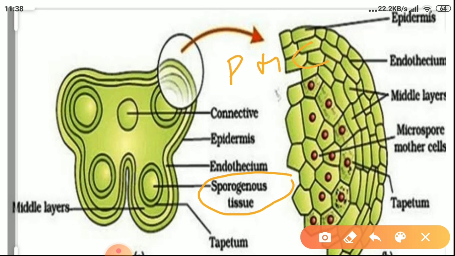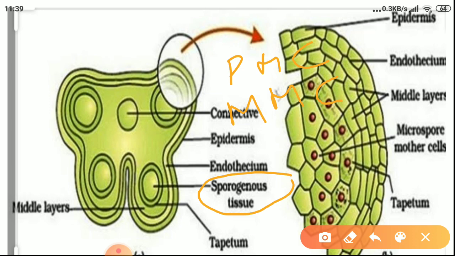PMC, pollen mother cell, or we can also call them as MMC, that is microspore mother cell. I'm repeating it once again. Each cell of sporogenous tissue is either called pollen mother cell PMC or microspore mother cell MMC.